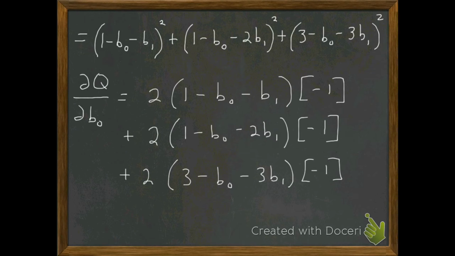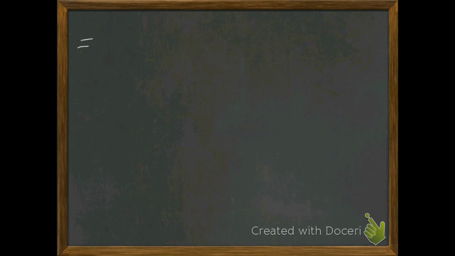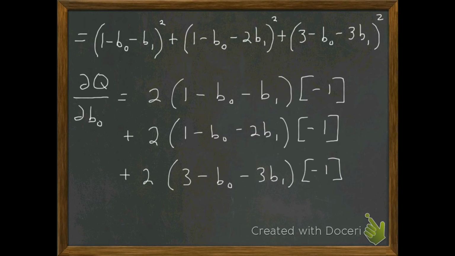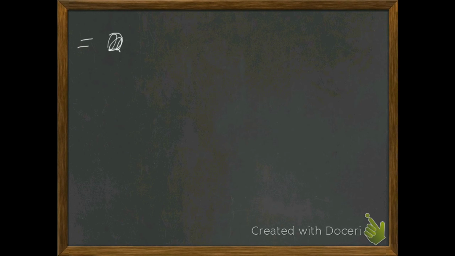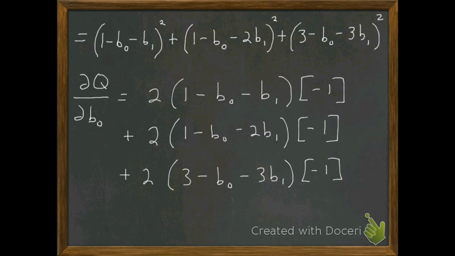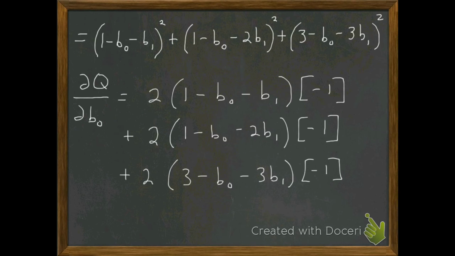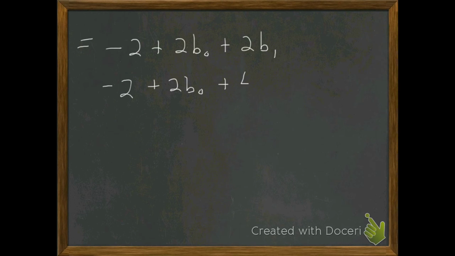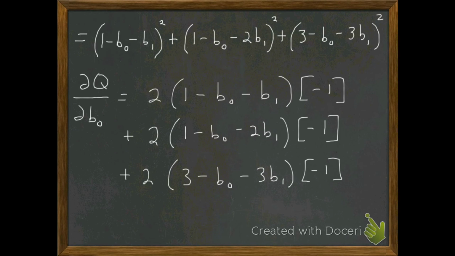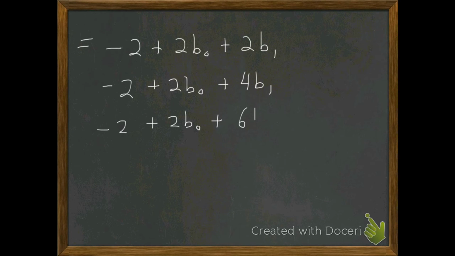So guys, it's going to clean up to give us negative 2 plus 2b0 plus 2b1, minus 2 plus 2b0 plus 4b1, and minus 2 plus 2b0 plus 6b1.